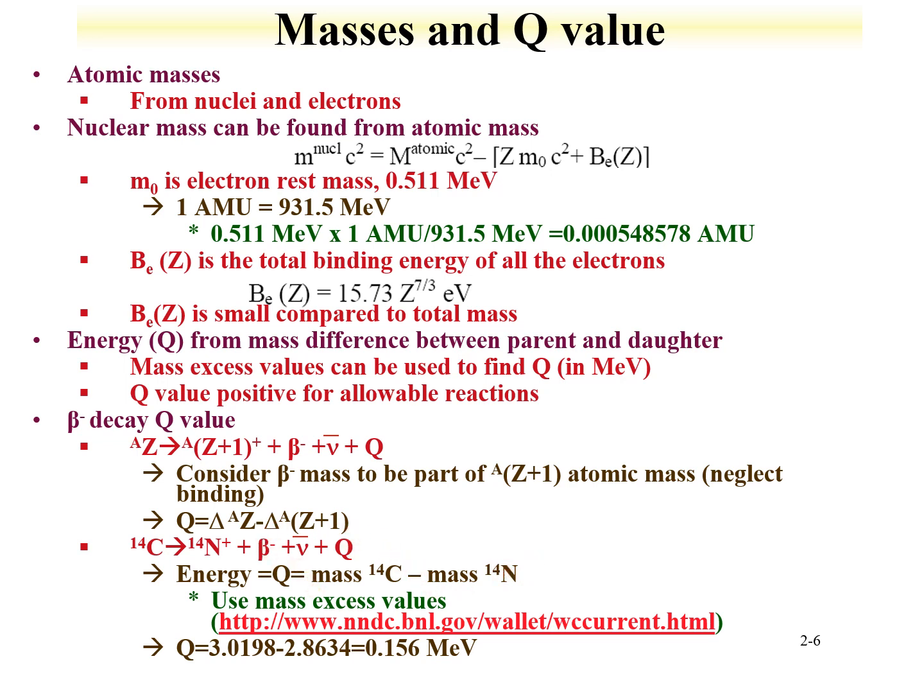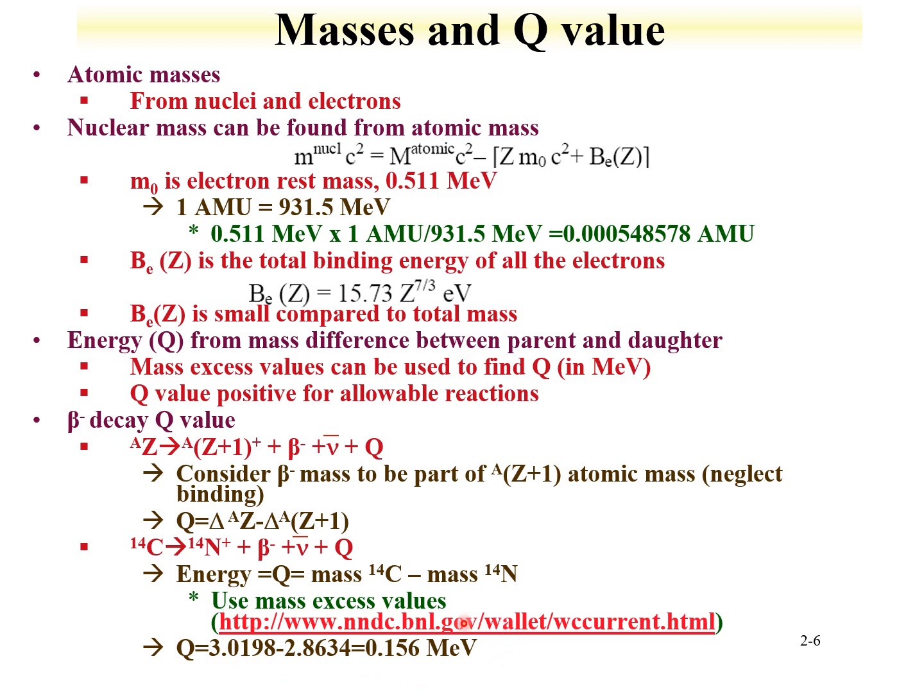We can look up mass excess values from this site, and we plug in those values and get 3.0198 minus 2.8634, which is equal to 0.156 MeV. These values are in MeV.